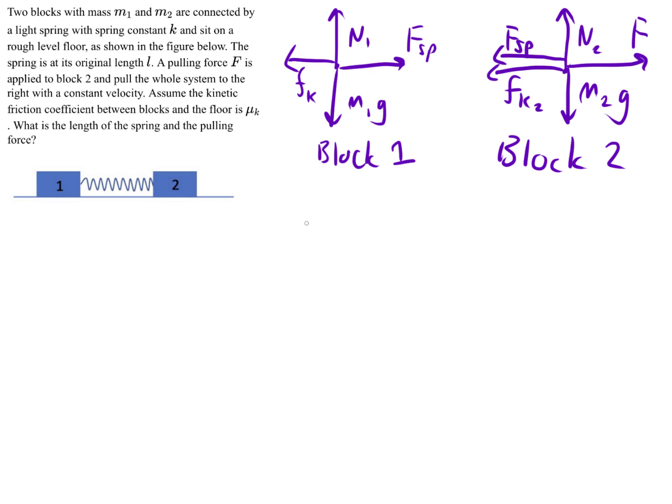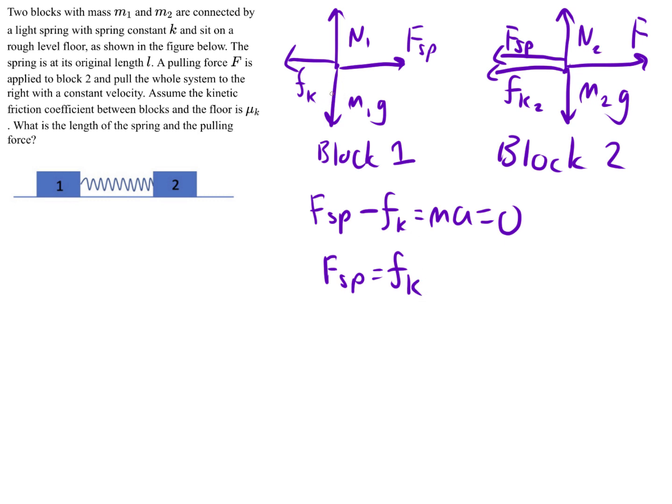So now that we have that, we can set up some equations. First, the spring force minus the kinetic friction force must equal the mass times acceleration, which equals 0, since the whole system is in dynamic equilibrium, moving at a constant velocity. So the spring force is simply equal to the force of kinetic friction in block 1.